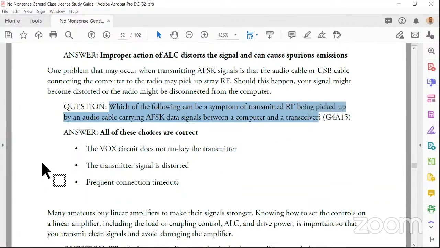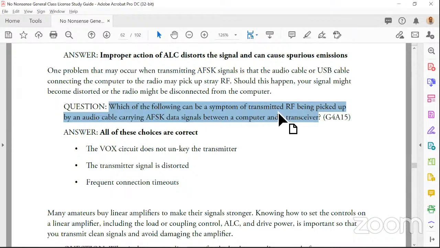Which of the following can be a symptom of transmitted RF being picked up by an audio cable carrying AFSK data signals between a computer and a transceiver? All right, so this is asking the question about stray RF. That was the topic on the slide in the slide deck, when we saw that the radio frequency from our radio or antenna could be picked up by an audio cable. Yes, so that is what we're referring to, stray RF.